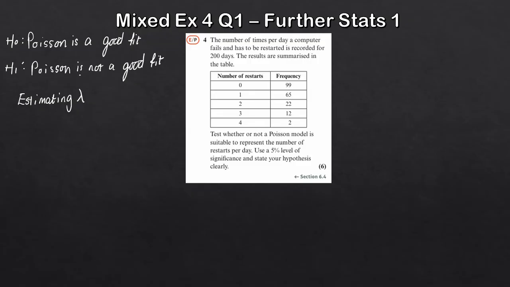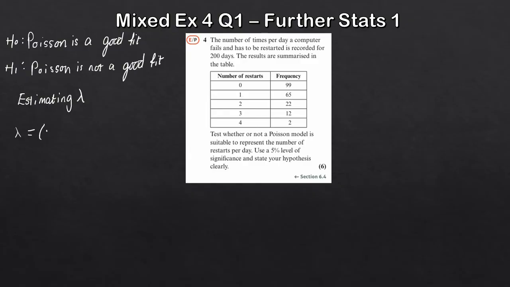To estimate lambda here, our mean, we just need to work out the average of our number of restarts with our frequency, just like you would for your GCSE maths. So lambda is going to be equal to 0 times 99, and then 1 times 65. We add all these together, and then divide by the total, which is 200 in our case.